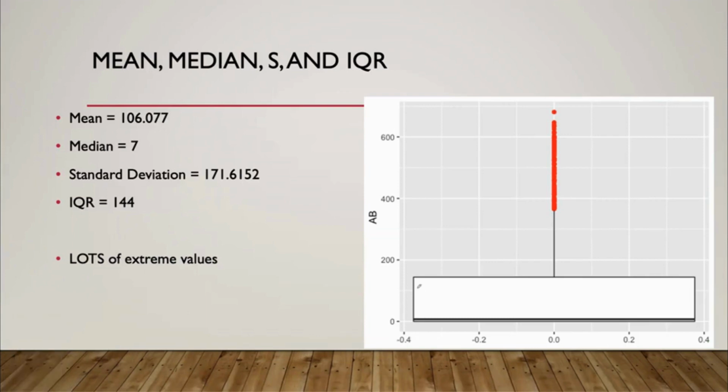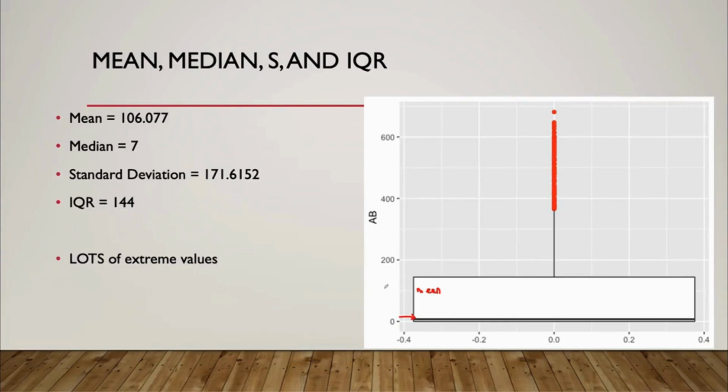Mean would be up here. Median is this line here. So that's your 50% mark, your median. We have a huge standard deviation of 171.61.